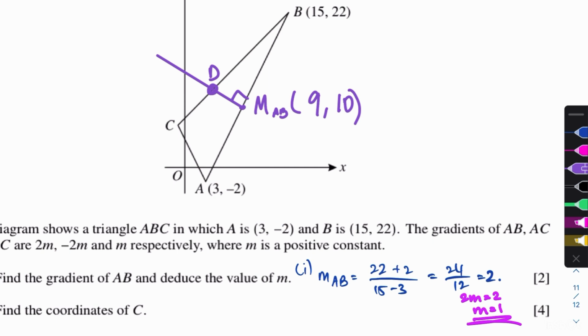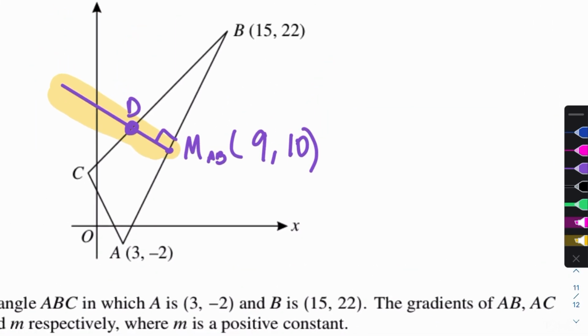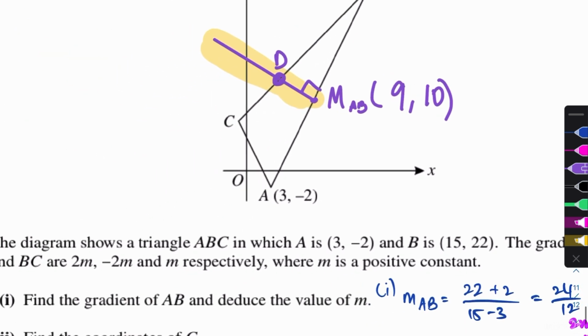We can find the gradient of our bisector line. Let's call the bisector line MD. So we can find the gradient of this line because it's just perpendicular to AB, and we've got the gradient of AB already. The gradient of AB is 2.